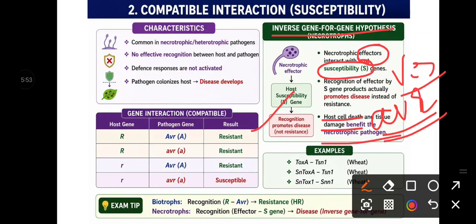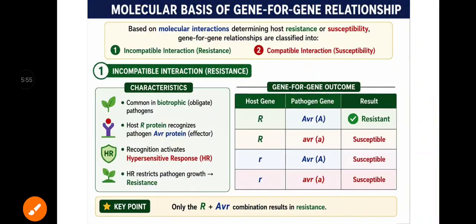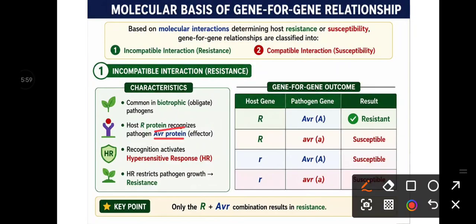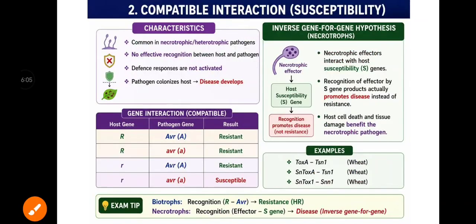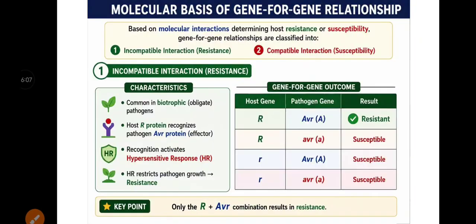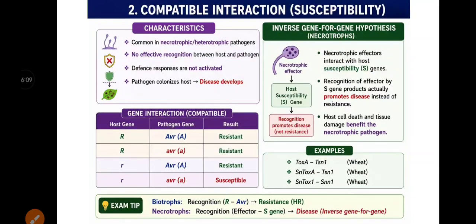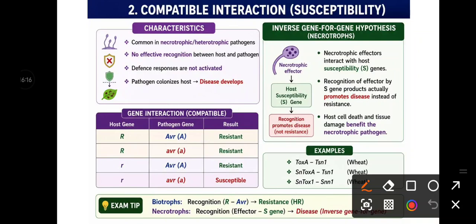But in case of the incompatible reaction, this R protein and AVR protein interaction results in hypersensitive reaction, that is resulting ultimately in resistance. But here the interaction between the susceptible gene and the necrotrophic effector or the virulent gene leads to cell death or necrosis that promotes the disease, no resistance.